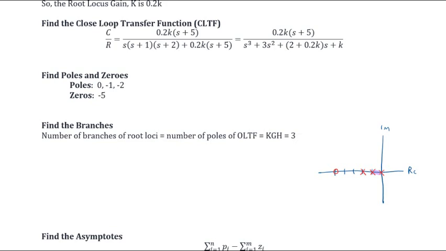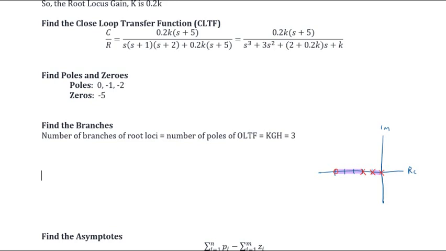So there is a branch, possibly 2 branches, between these 2 poles. What about here? Is there a branch there? The answer is no, because we've got 2 poles to the right of it. That's an even number, so there can't be a branch there. What about a branch here?